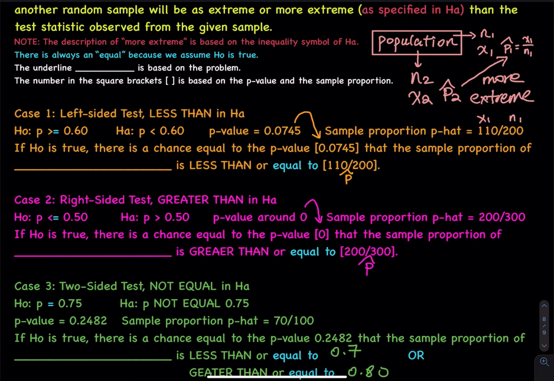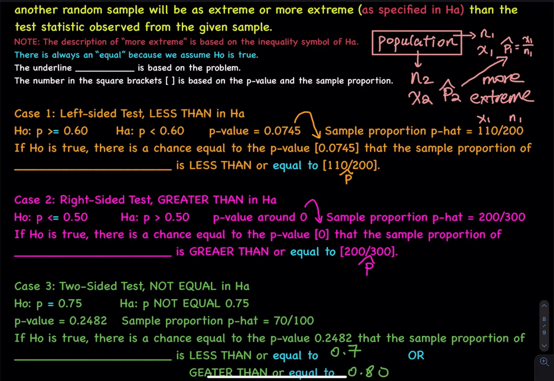So the sample proportion of, you have to read your problem and fill in the blank, is less than, so the less than follows the sign of HA. And then what about the equal to? You have to follow the color code. Do you see that in H0, I have an equal in blue, and when I write the explanation, I have the equal to in blue. So we have to take the equal to from the H0, because you start off with if H0 is true.